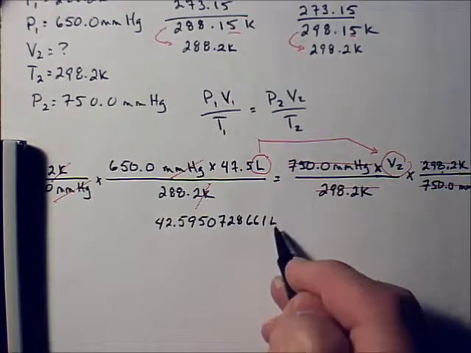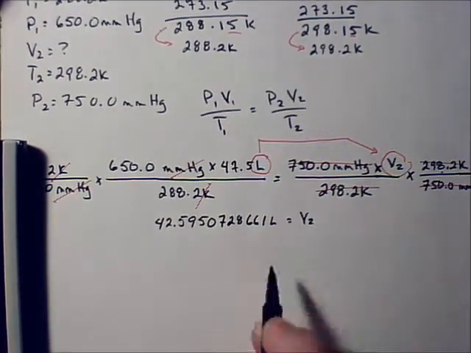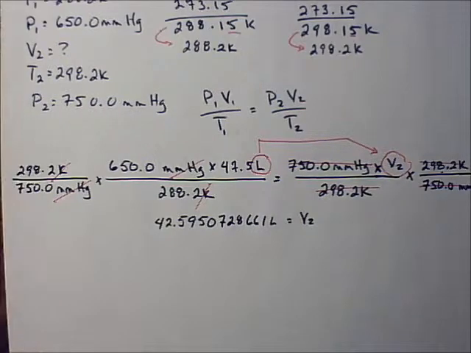Let's see, we've got liters left, so that's our V2. But we need to round it off.